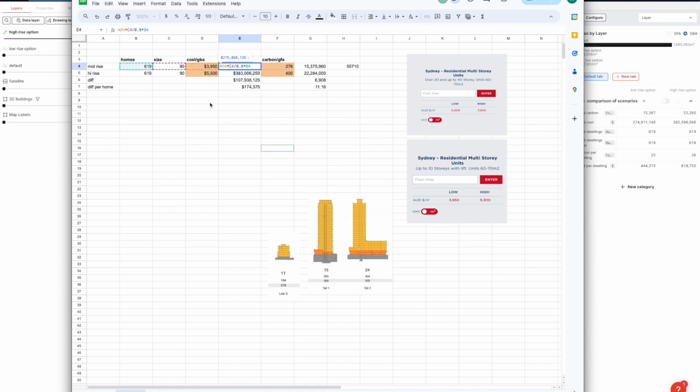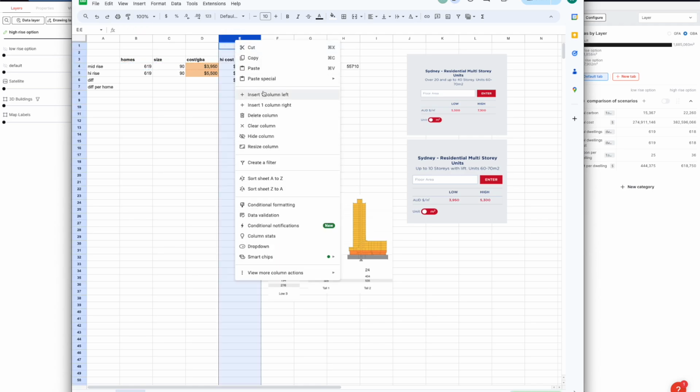So $275 million for 619 houses, or $383 million for 619 houses if they're high rise because of that additional cost. Now, I've assumed the same efficiency there, which I actually don't think is true. And this is kind of the Excel way of doing this. I'm going to insert one column to the left.